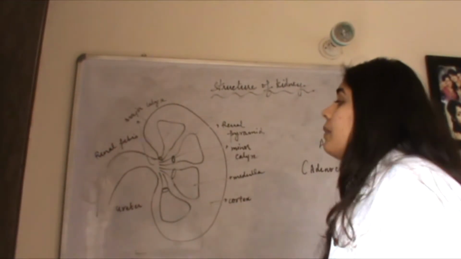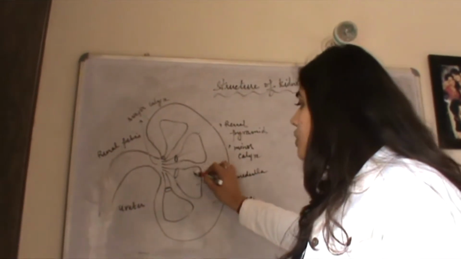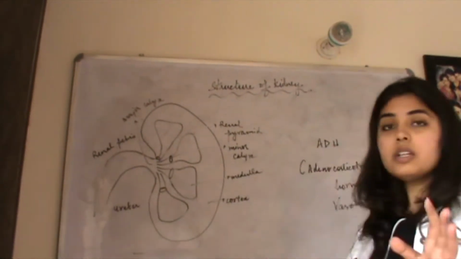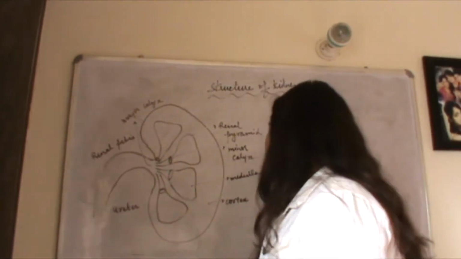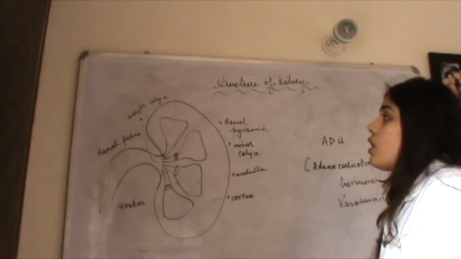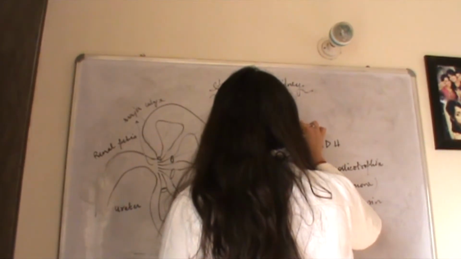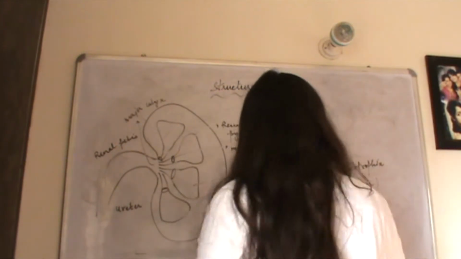In this kidney, inside the kidney there are small pyramid-like structures. These pyramid-like structures are called the renal pyramids. Inside this renal pyramid there are small tiny structures called the nephrons. Nephrons start like this and they are somewhat like this. This is the structure of a nephron, and it goes on inside.